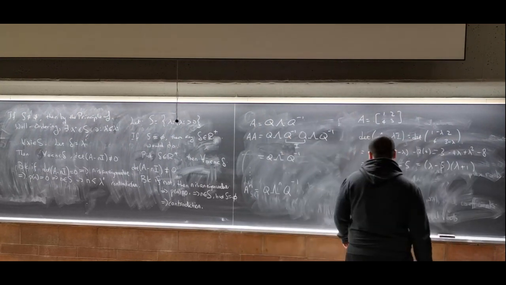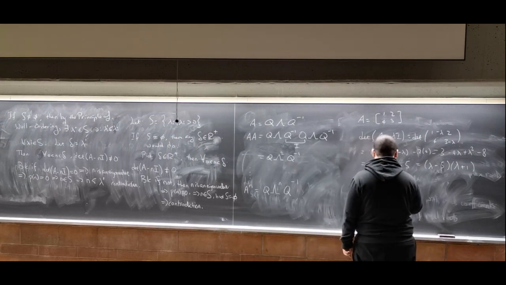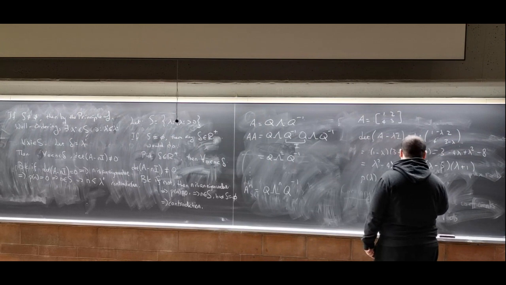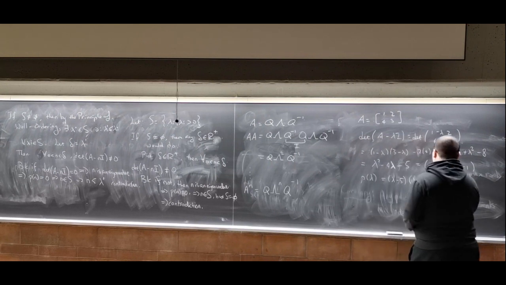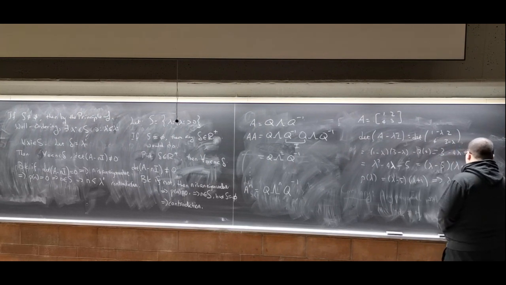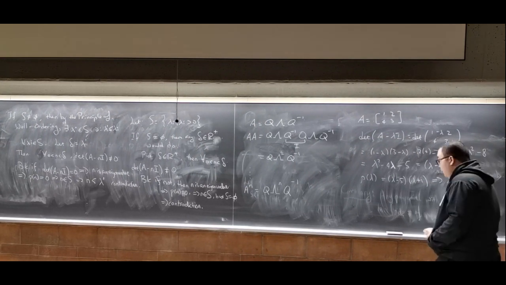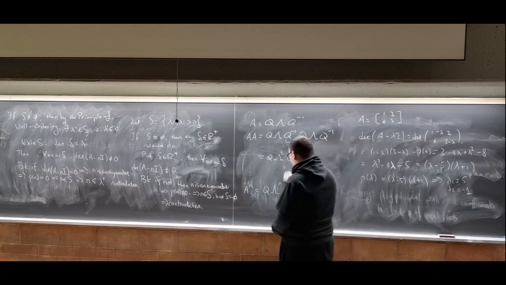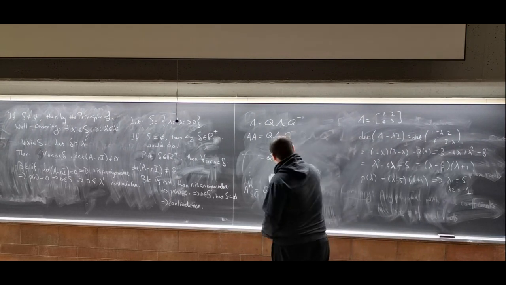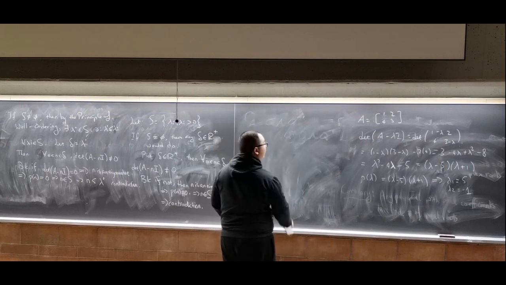So the characteristic polynomial equals lambda minus 5 times lambda plus 1. That means the eigenvalues are lambda 1 equals 5, and lambda 2 equals minus 1. Now what we need to do is find the eigenspaces, because we need to find the eigenvectors.